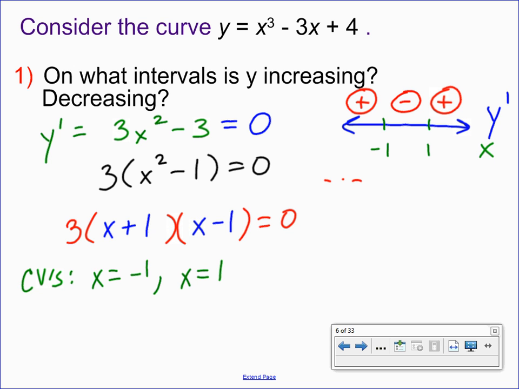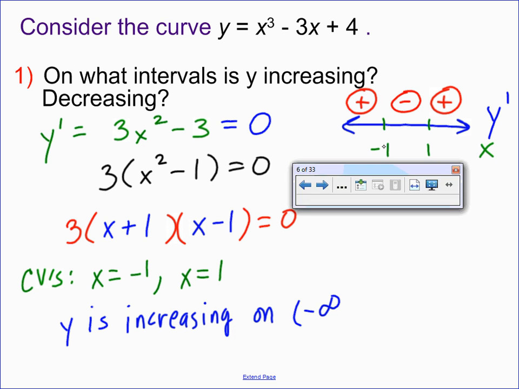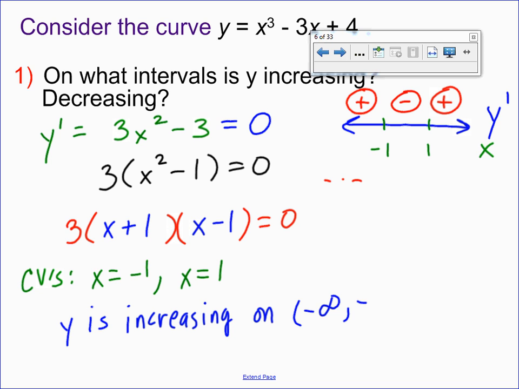It looks to me like y is increasing on, looks like negative infinity. We'll use interval notation for the sake of efficiency. Negative infinity always gets the parentheses because it's not a particular value. So negative infinity up until negative 1.